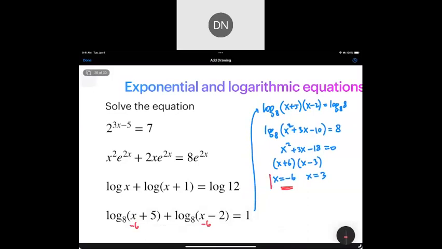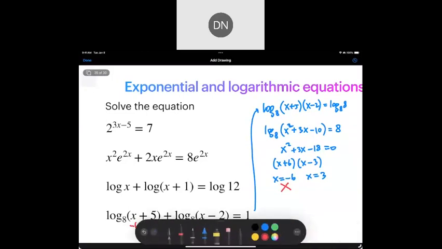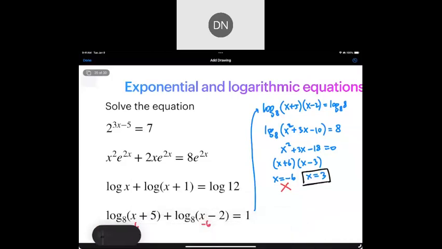So this cannot be. So the only answer we can take is x equals 3. So similar to the previous one, every time we find the x, we need to check again whether it is in the domain or not.